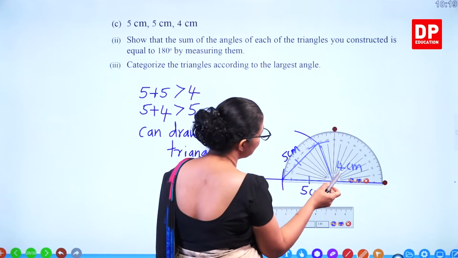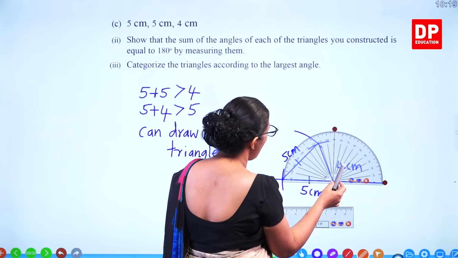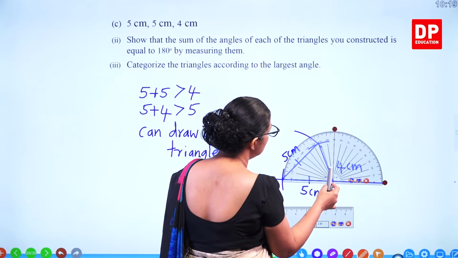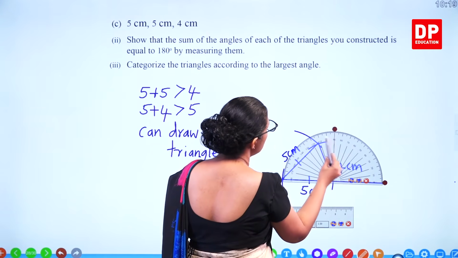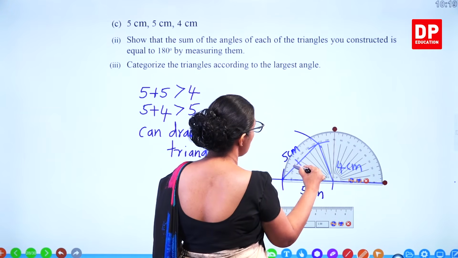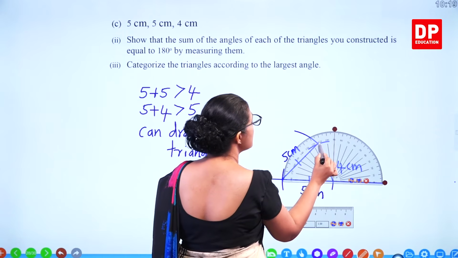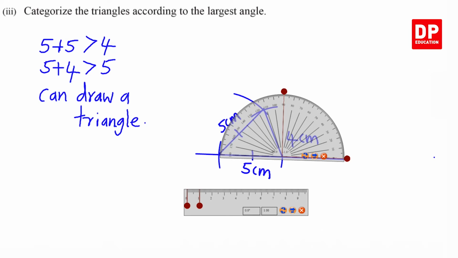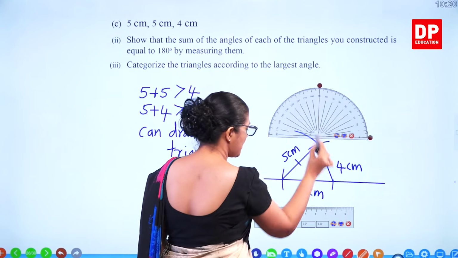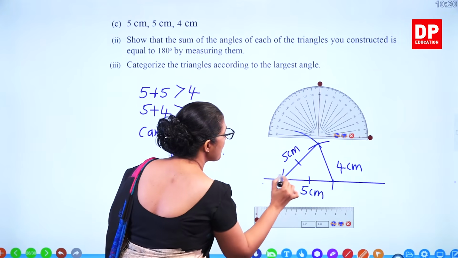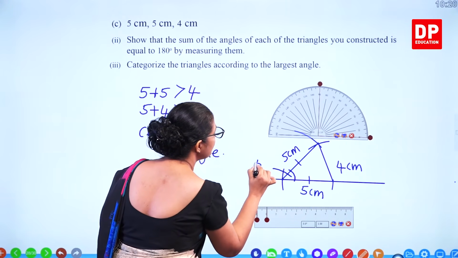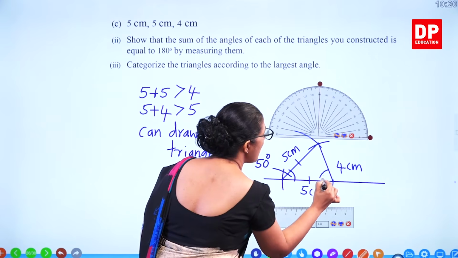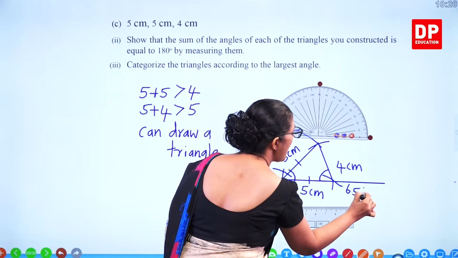I get here 10, 20, 30, 40, 50, 60, 65. 65 here. 50, 65. So what's the other angle?